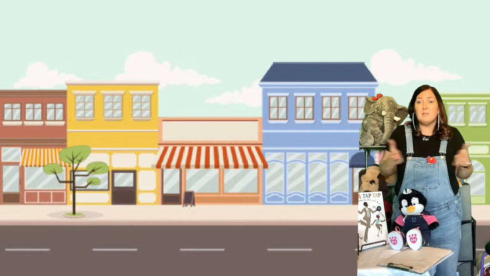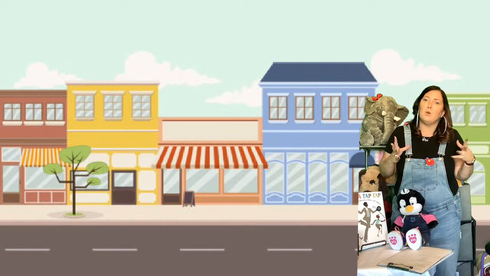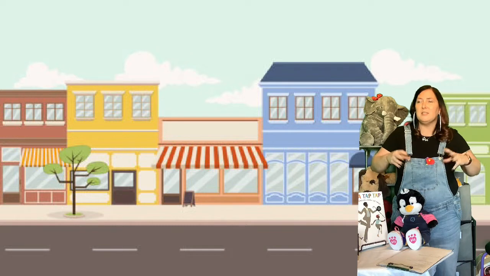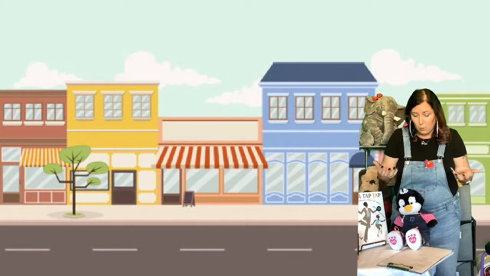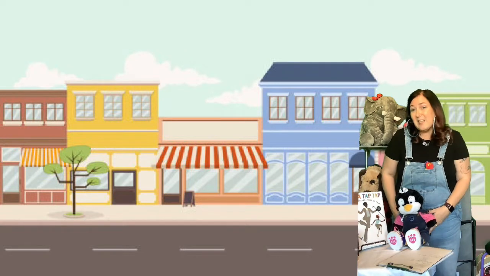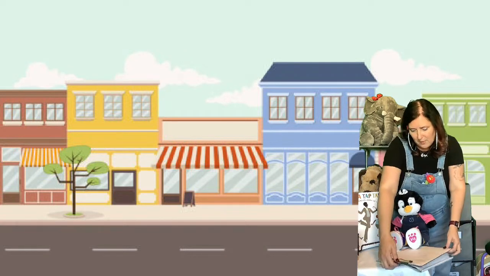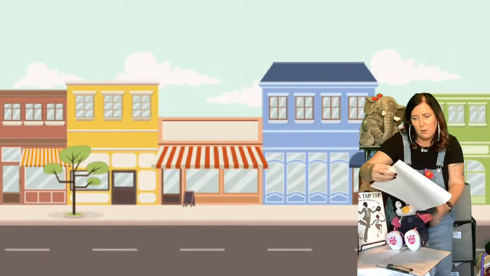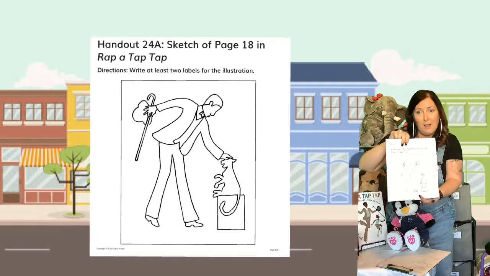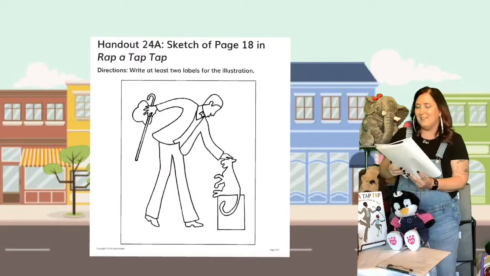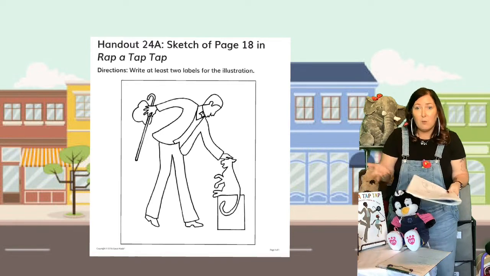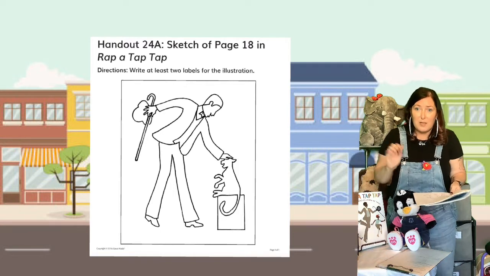So right now we're not in spelling class, right? We're in kindergarten, and we're in phonemic awareness and phonics and using those letters and those sounds to write words and label our words. So today I'd like you to practice again with another picture. This picture is in your handouts, and it's called 24A, and I'll put that up on the board. It's a picture of when Bojangles leaned over to pause and pet the cat.